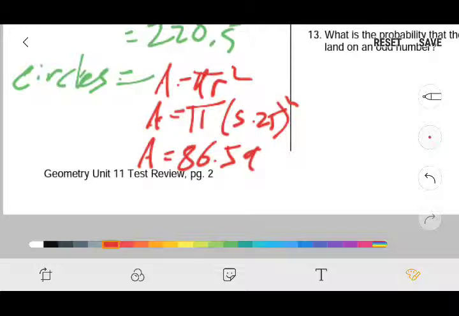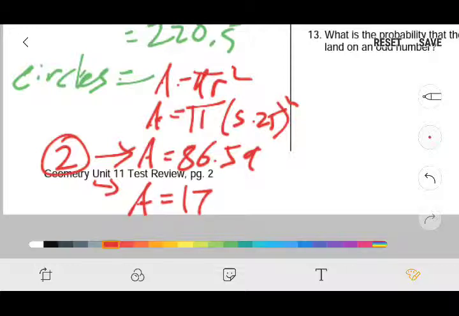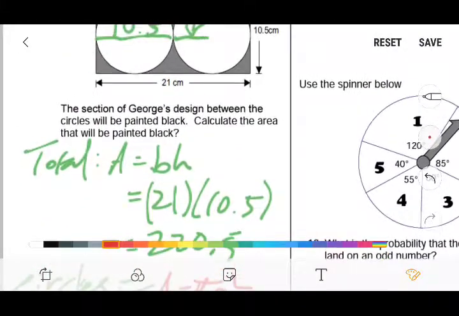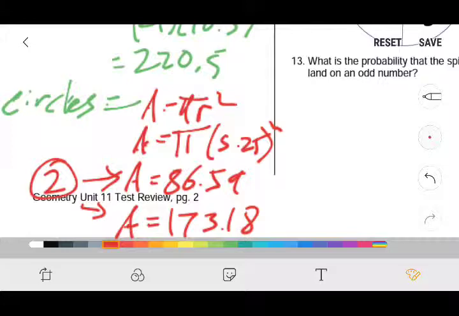And then there's 2 circles. So you double this, times 2. So that becomes A equals 173.18. So you subtract those 2 things.